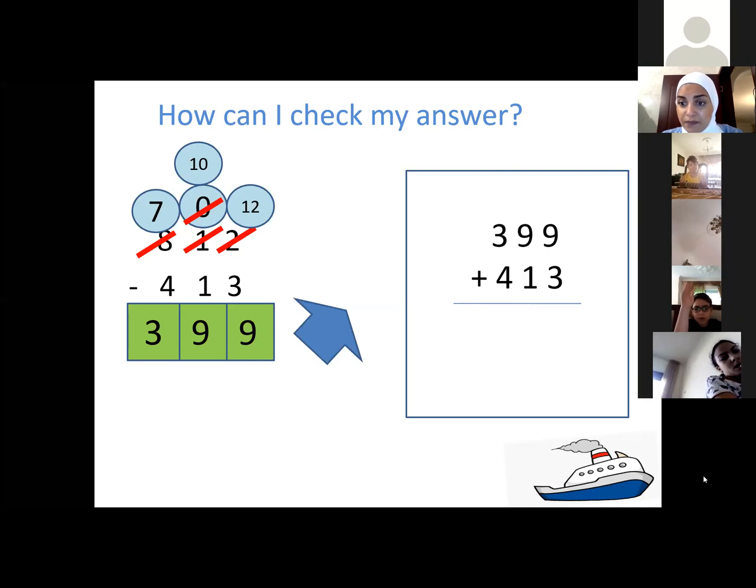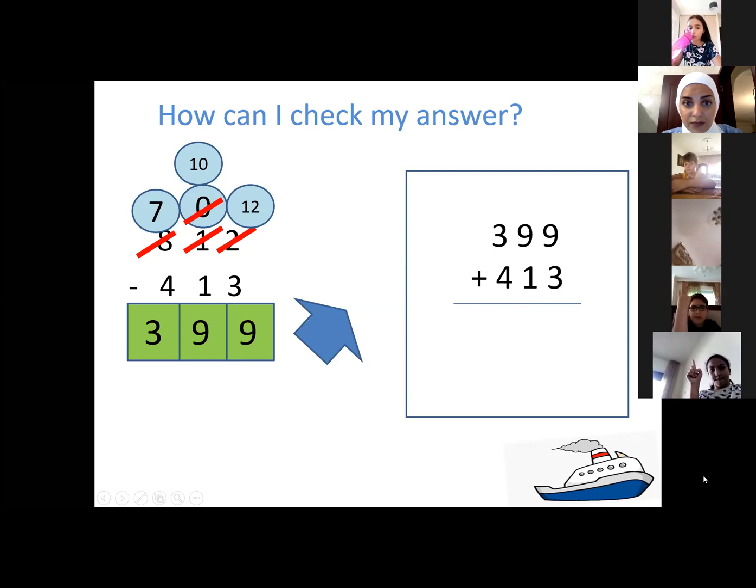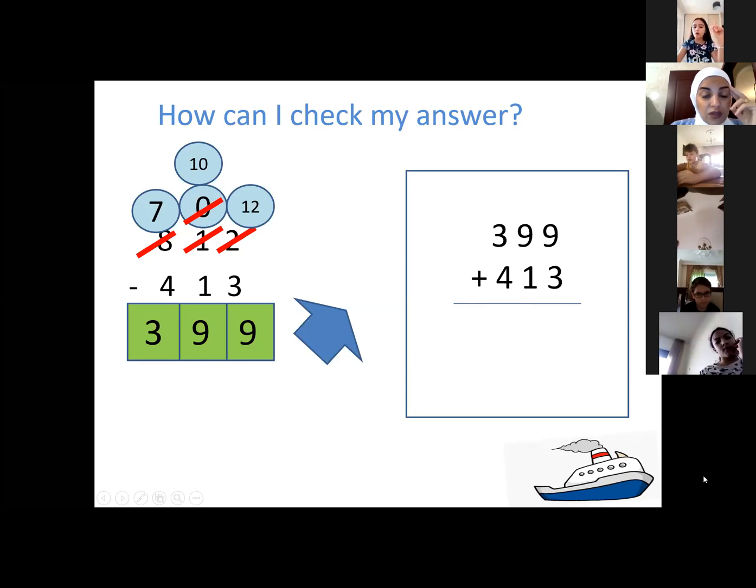Who can tell me? Farah, what do you think we should get? 812. So we should get the bigger number that is at the very top. Thank you, Farah. We should have 812. If the answer to this addition sentence was 812, then Shuja's answer is right.